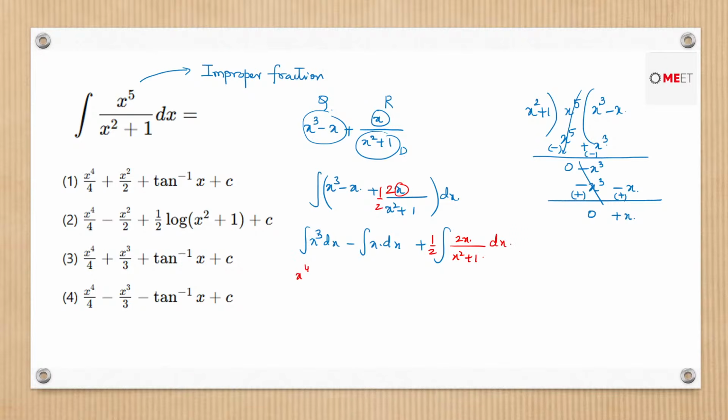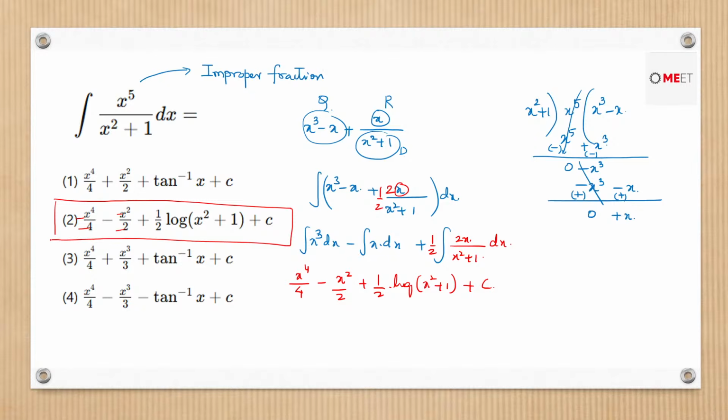So this becomes x power 4 by 4 minus x square by 2 plus 1 by 2 times of logarithm of x square plus 1 plus c, that is x power 4 by 4 minus x square by 2 plus half of log of x square plus 1 plus c. Option 2 is the answer.